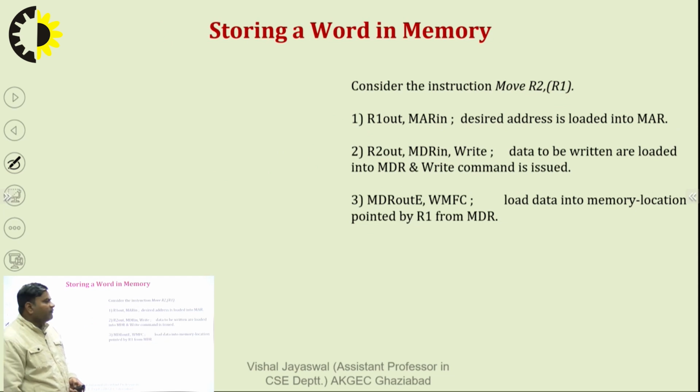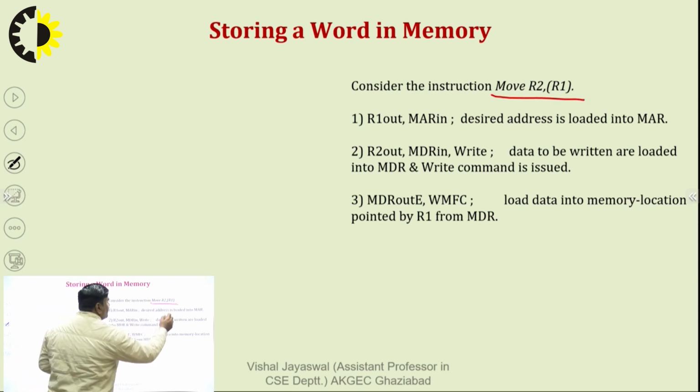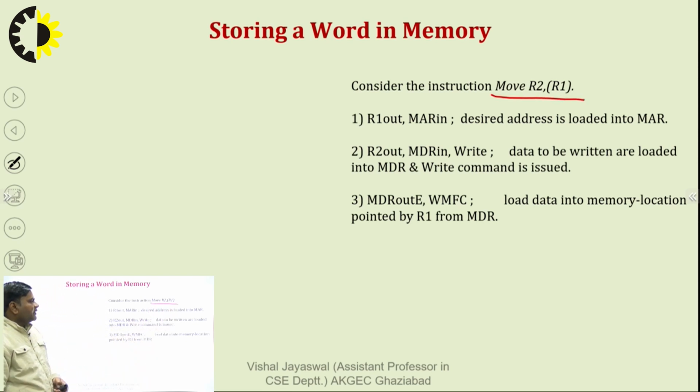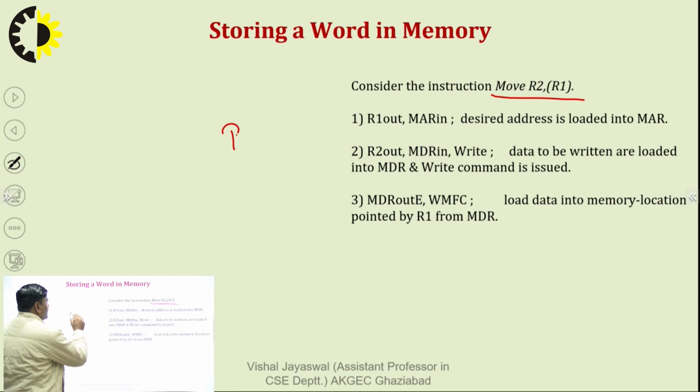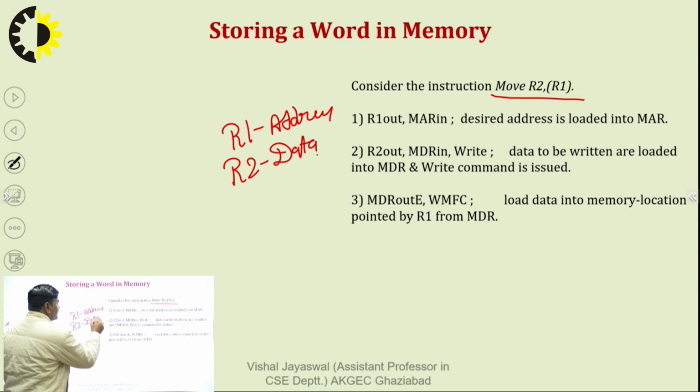Next is storing a word in memory, for which we can take another example, that is move R2, (R1). Here we are going to use R1 as the address and the data is R2, and we are going to write the data of R2 at the address in R1 in the main memory.